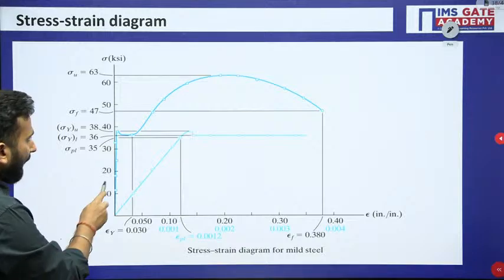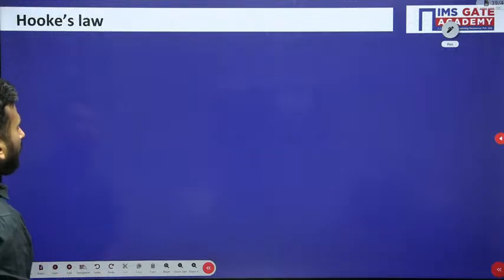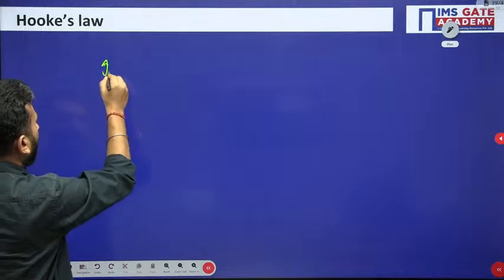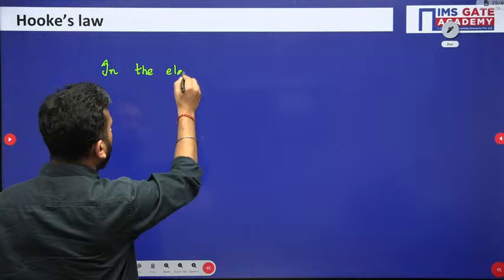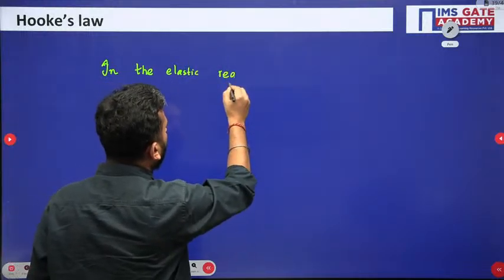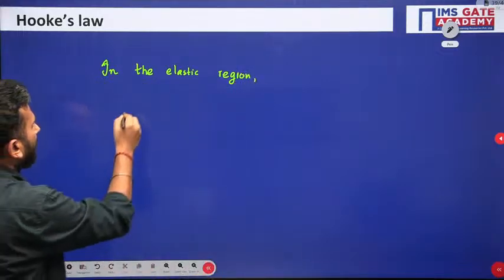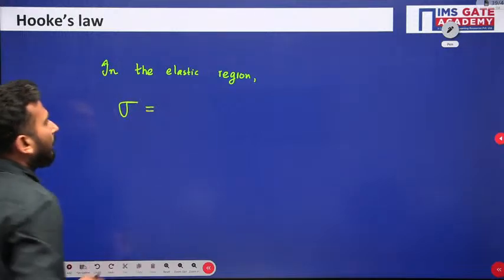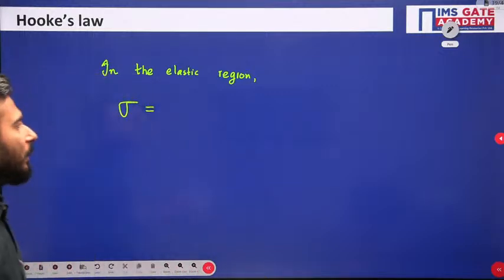Now my dear friends, in the elastic region or till the proportionality limit, it has been seen that strain is directly proportional to how much stress you keep on applying.